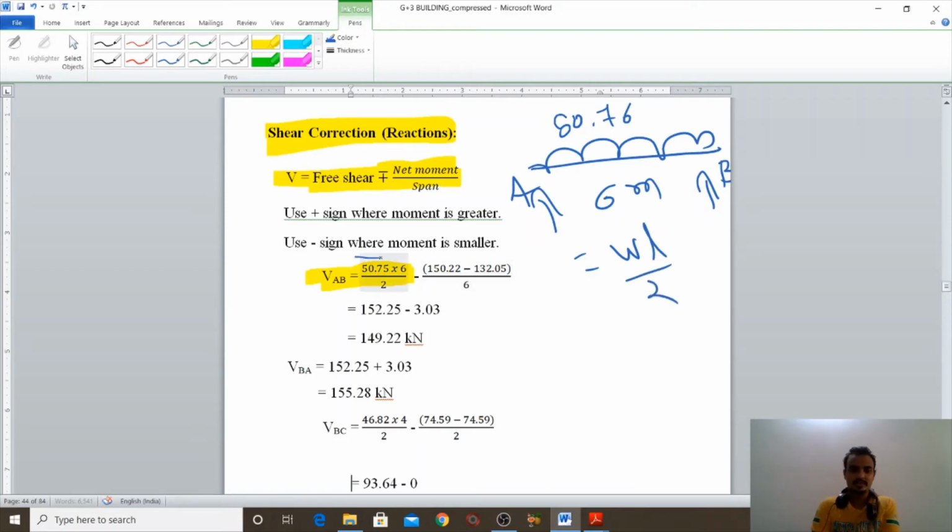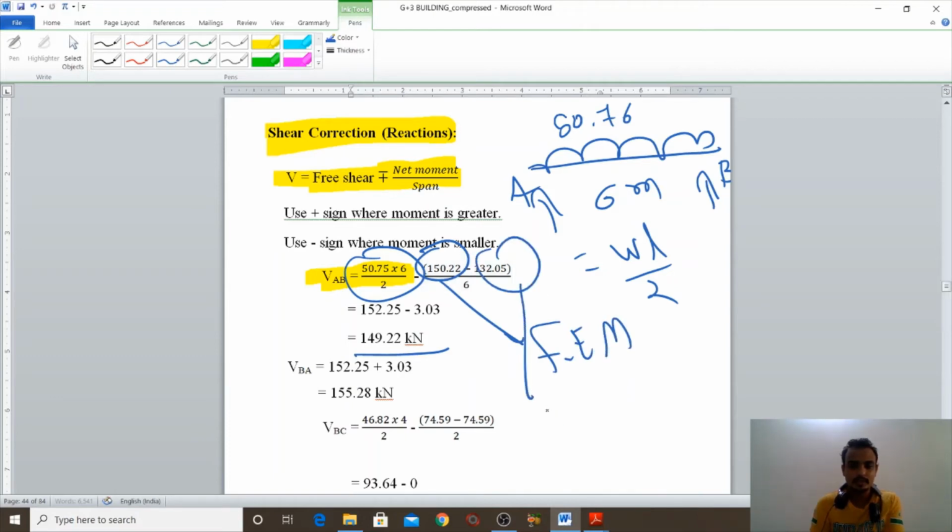So this equation is here: 50.75 into 10 raised to 6 divided by 2, minus 150.22 minus 132.05 divided by 6. So the reaction is 149.22. 150.22 is the fixed end moment, and 132 is the moment which is balanced.